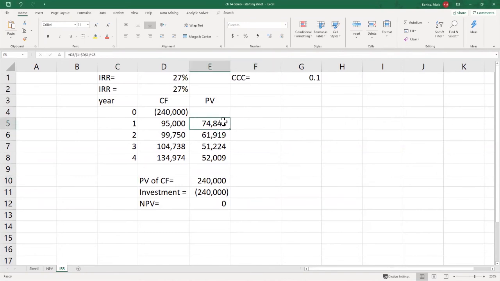What the internal rate of return asks is, what interest rate would we have to use in order to generate a zero NPV?